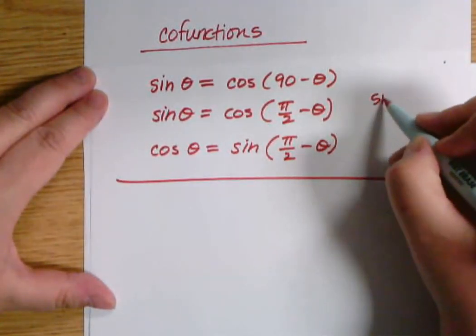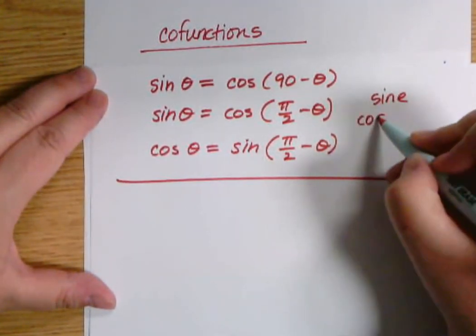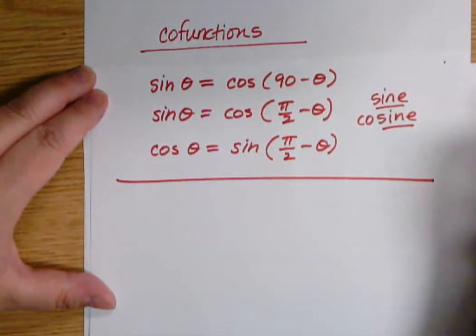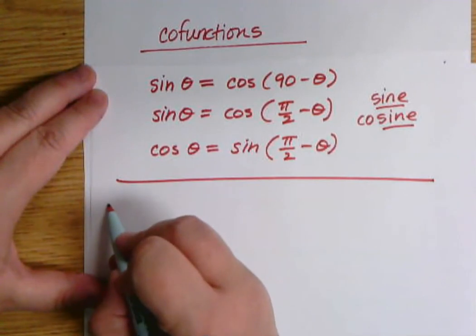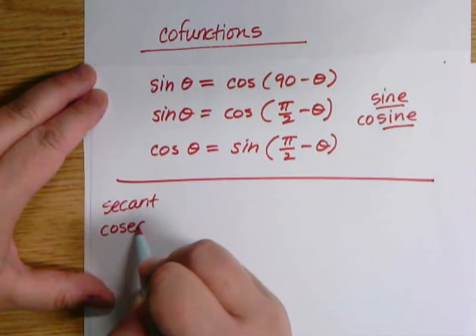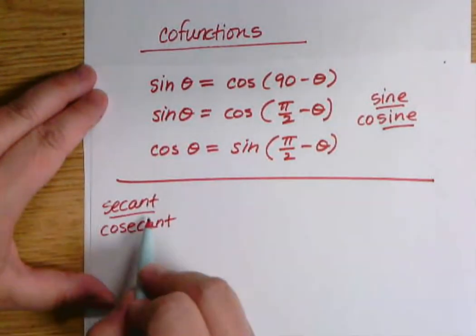The same happens here. Secant and cosecant are cofunctions.